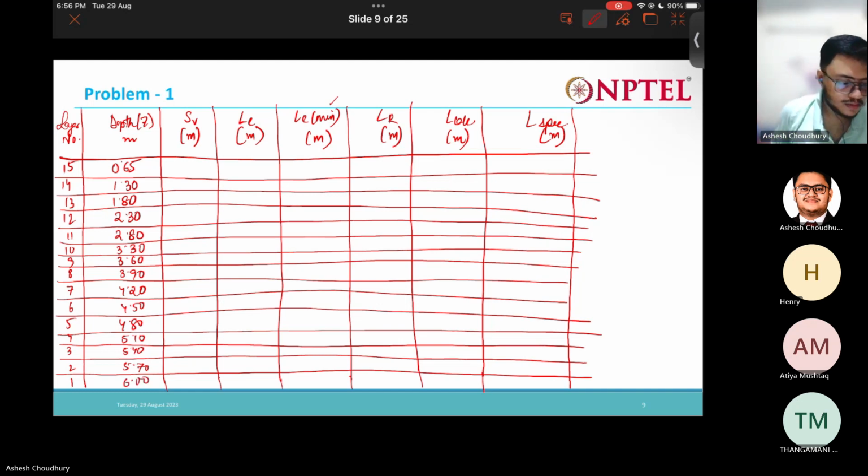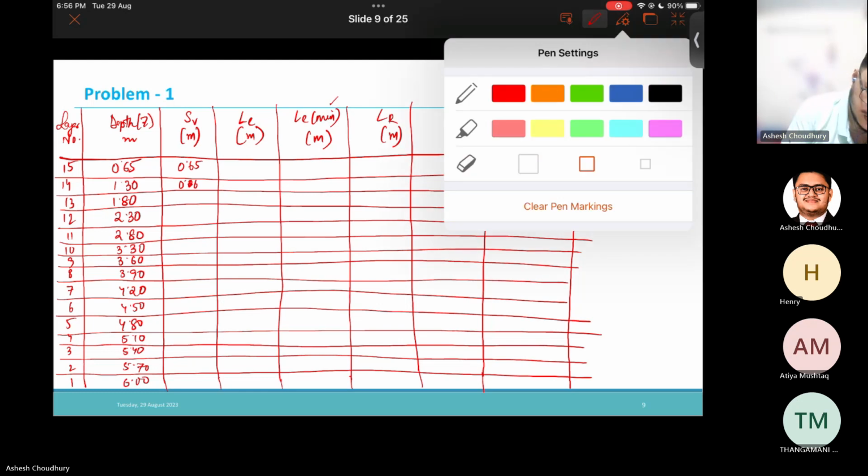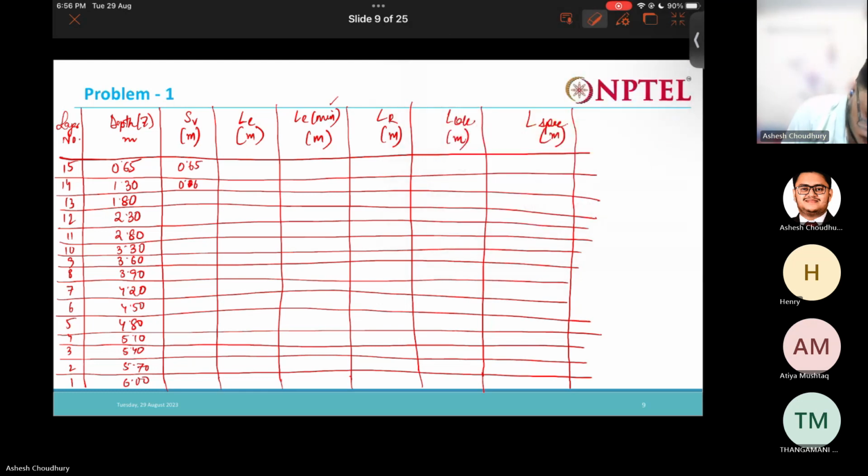All right. Now what were the spacings? From the top it was 0.65, then 1.65, then 0.5, 0.5, and then all were 0.3.